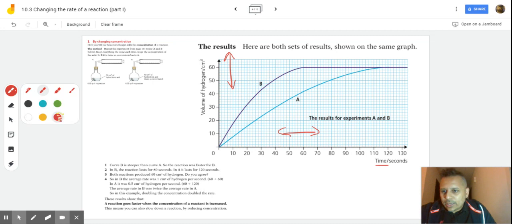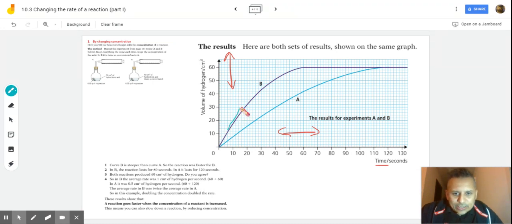So if we have a look, for example over here, the slope of this part of the graph is much steeper than the slope over here.